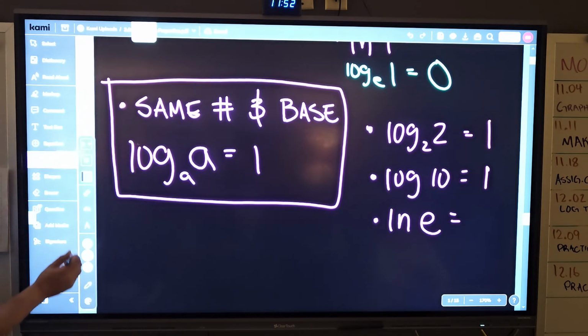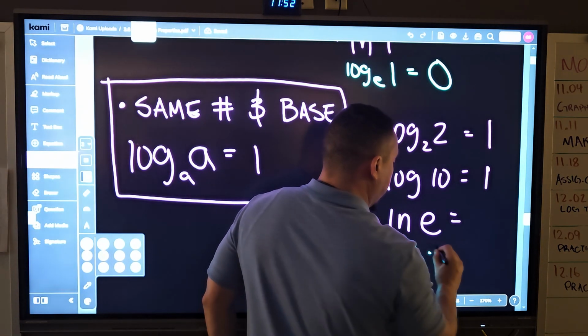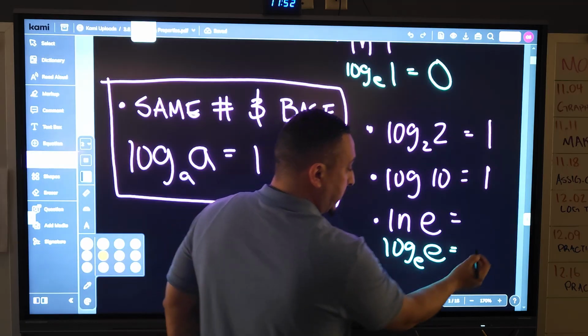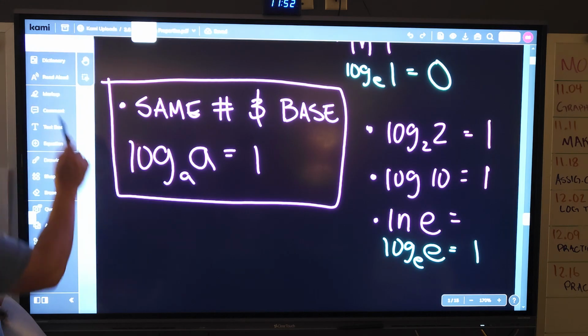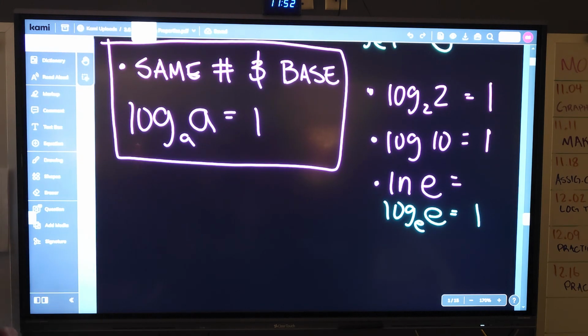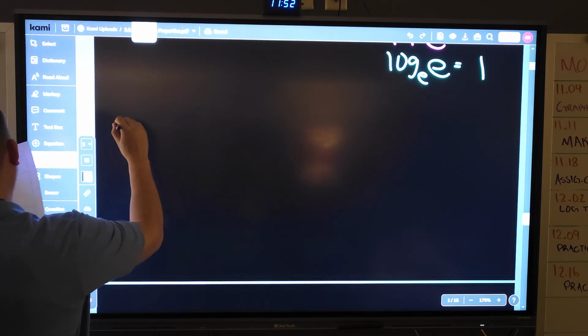You have to think about ln. Remember, ln means log base e. So you have e, e, so that's why it's 1. Okay. Any questions thus far, guys? Hopefully it's bringing back, I mean, you have seen it in algebra 2, or you should have.